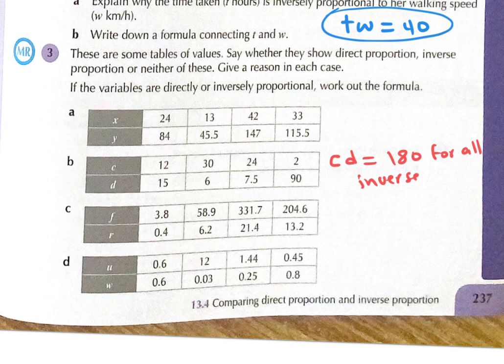For C, when F increases, R increases. So this may be direct proportion. We need to check. We need to find the ratio between R and F for all values. So divide 0.4 by 3.8, 6.2 by 58.9, and so on. If you get the same ratio, this is direct proportion. Do we have the same ratio?